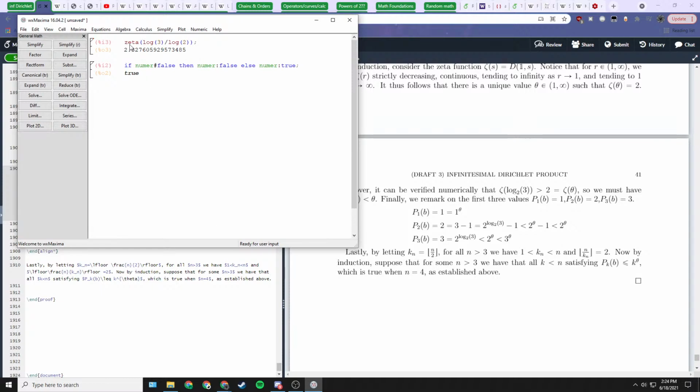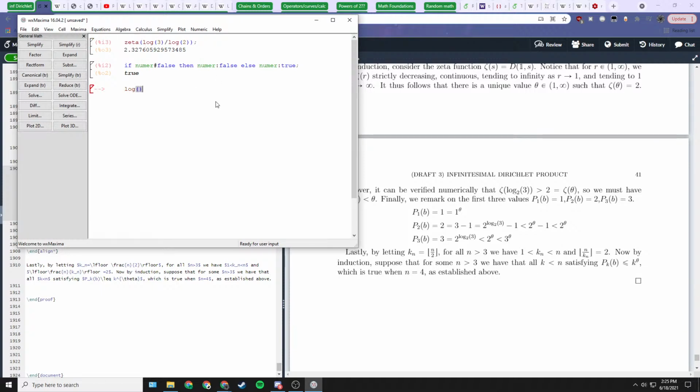The part that makes this maybe a little easier is that because zeta is strictly decreasing, as long as we have a small enough percent error, it will be fine. Because zeta is monotone and also log is monotone, that makes it a little bit easier. But it's still, you know.